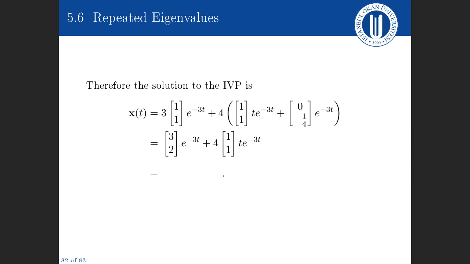That's 3 multiplied by 1, 1 just here, plus 4 multiplied by 0 minus a quarter gives 3, 2. Or we could write this in another way. We could write this as 3 plus 4t, 2 plus 4t, e to the power minus 3t. And either one of these last two lines is an acceptable answer.